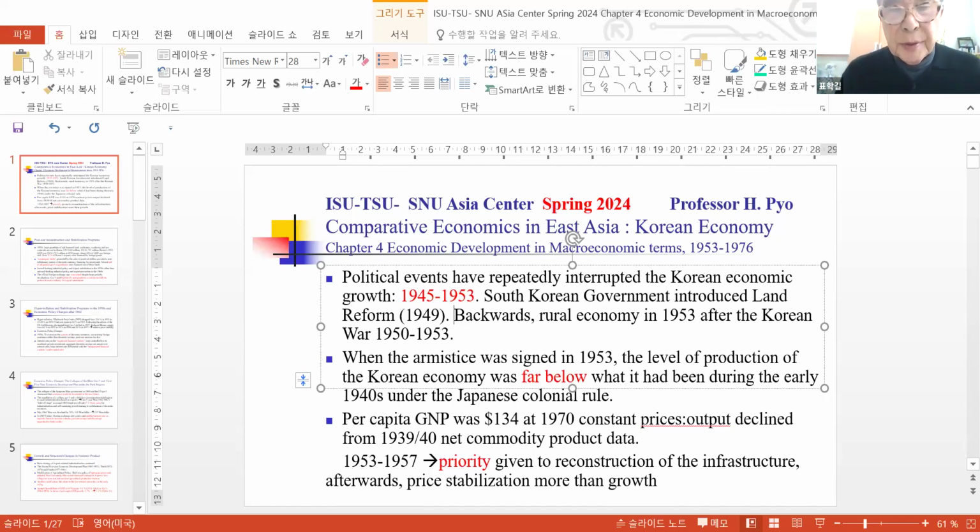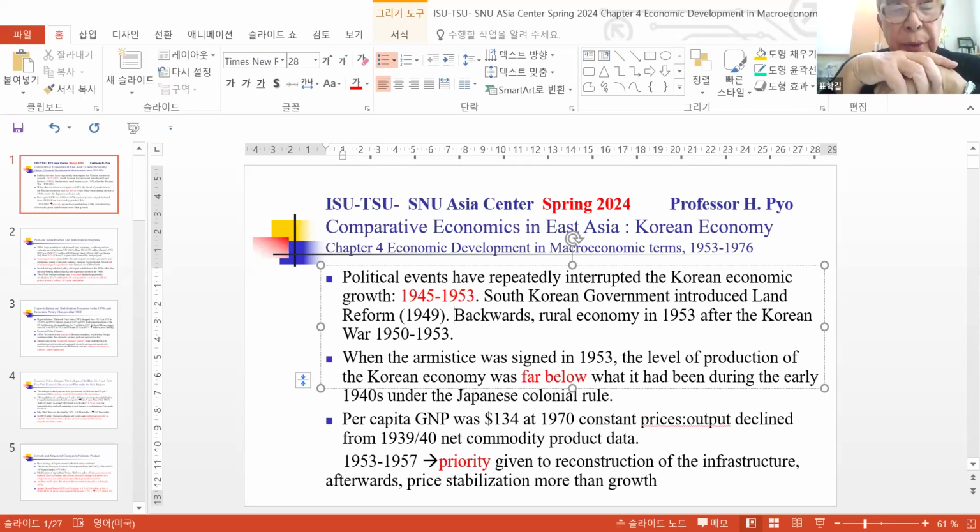The armistice was signed in 1953, a truce, in other words the end of the war. But it is not a permanent end of the war. It is a kind of temporary end of the war, so we call it an armistice. When it was signed in 1953, the level of production of the Korean economy was far below what it had been during the early 1940s under Japanese rule.